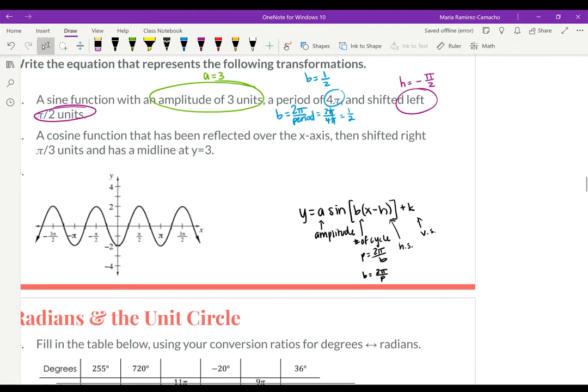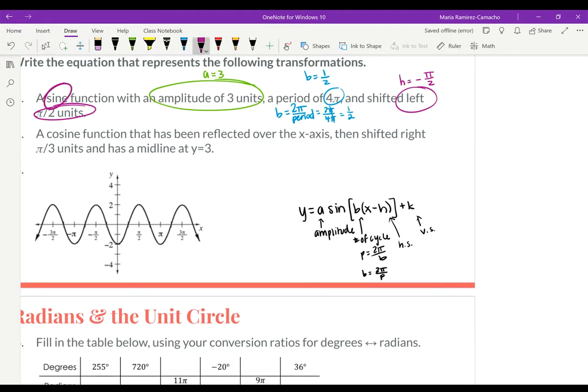But our equation, and again, this is a sine function, that's going to be y equals 3 sine 1/2 times parentheses x minus negative pi over 2, close both parentheses, and that double negative inside the parentheses does change to positive, like that.